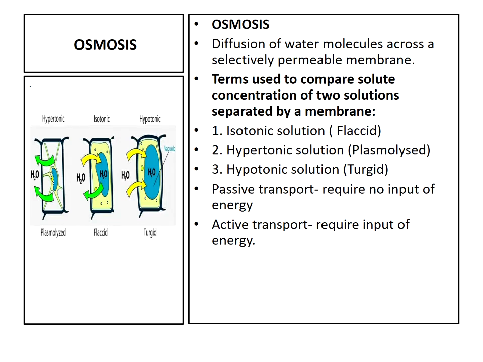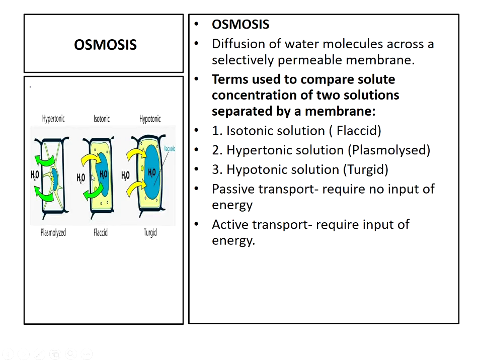There are certain terms which are used to compare the solute concentration of two solutions separated by a membrane. First one is the isotonic solution. An isotonic solution has an equal solute concentration.